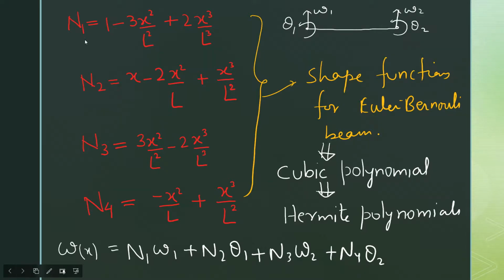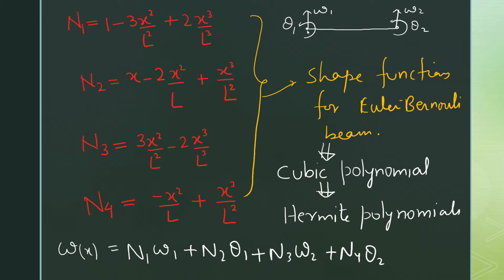We can see the shape functions written here: N1, N2, N3 and N4. So w of x, the deformation in the vertical direction at any place x distance in this element, is N1 w1 plus N2 theta 1 plus N3 w2 plus N4 theta 2.